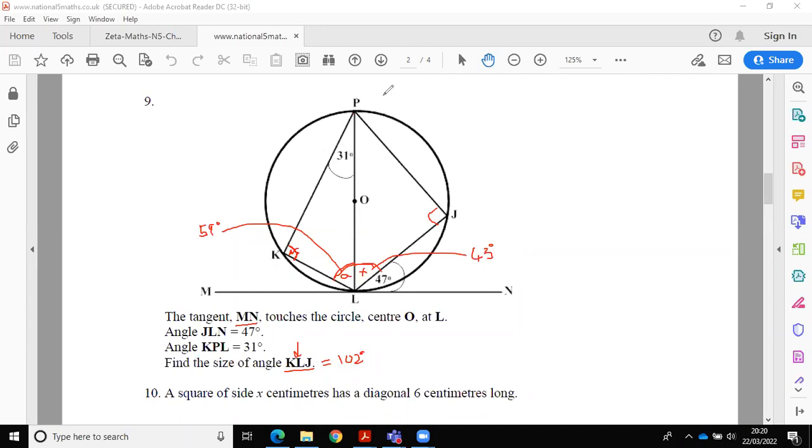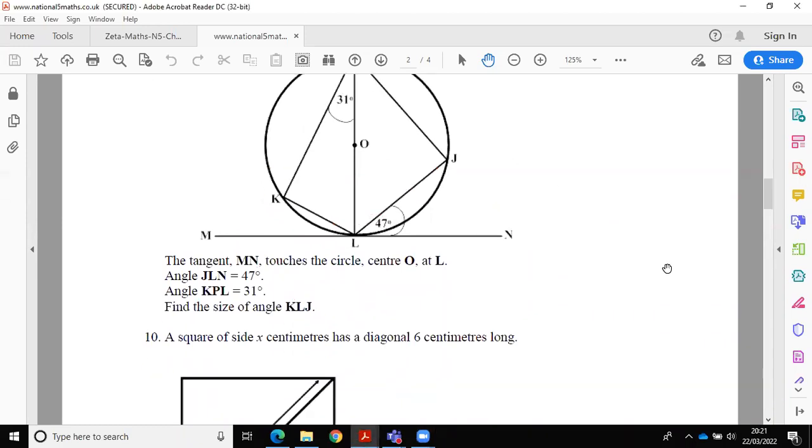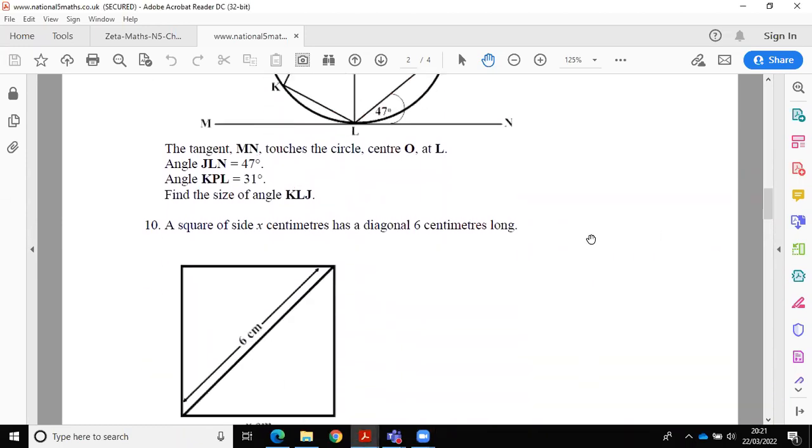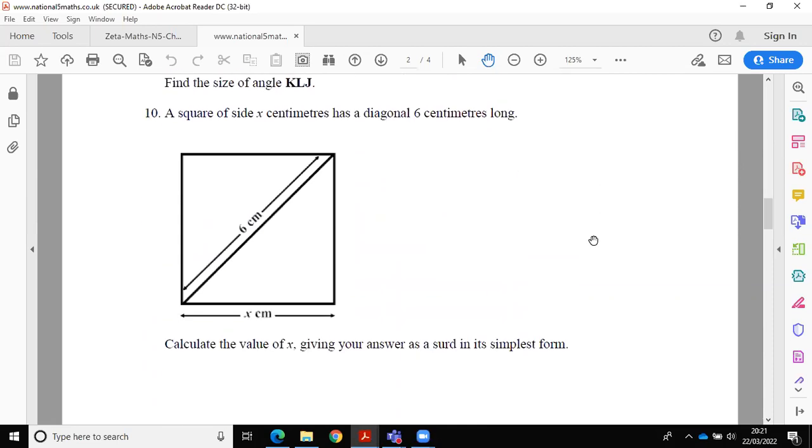Okay, let's clear that. Let's have a wee look at this one. So they like questions like this, where you've got a shape, and you have to come up with an equation for it.